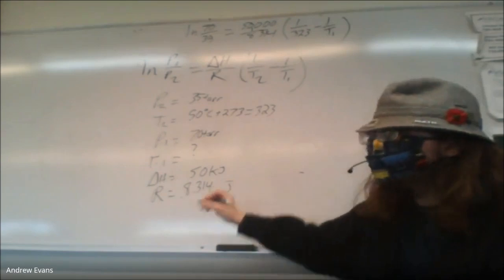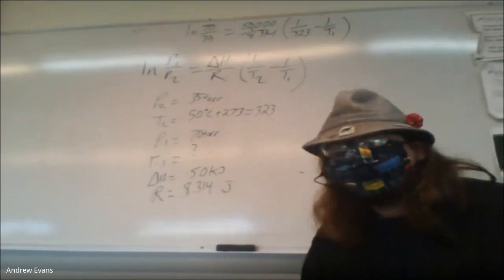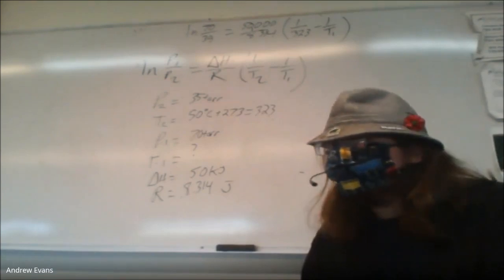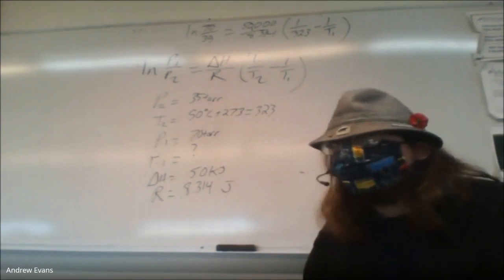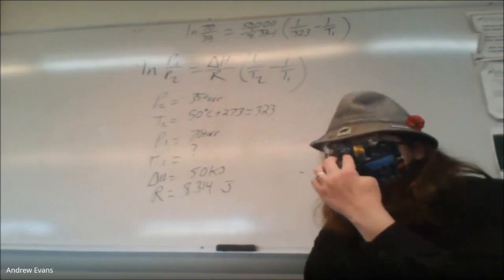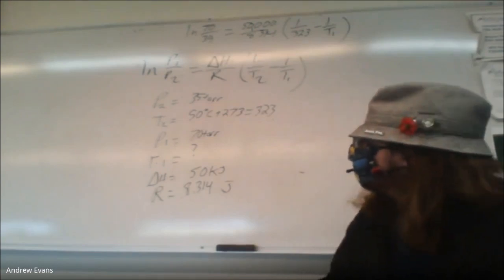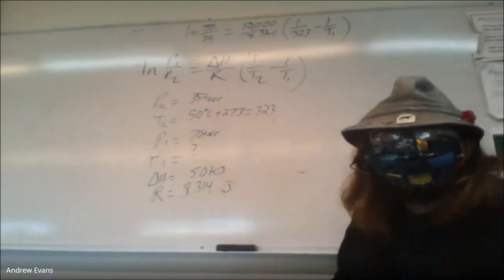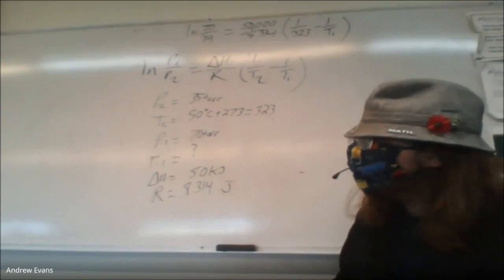Because of the whole natural log thing, it's not as direct a screw up as you would think. It's not just, oh, I moved the decimal point 3 over. It becomes a whole different beast sometimes. So you forgot to turn Celsius to Kelvin. That's a big whoopsie that could play a part down the road.